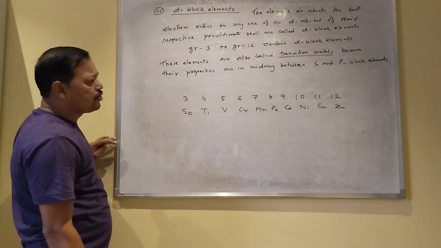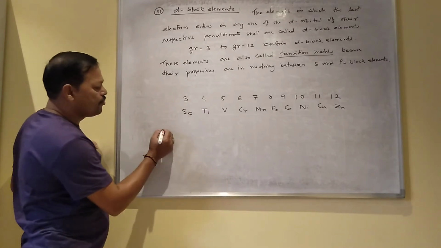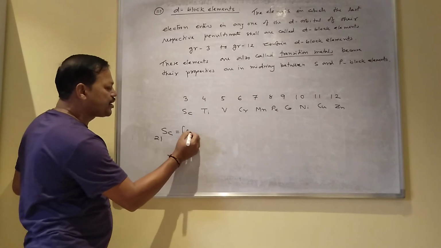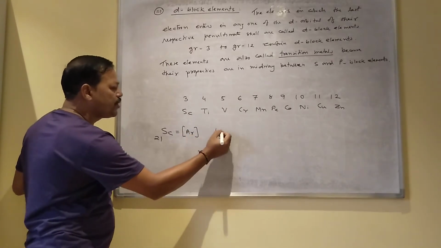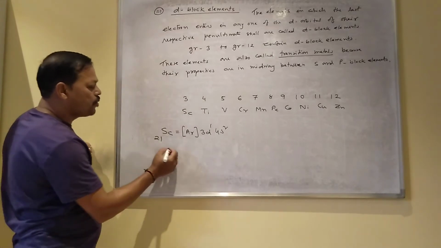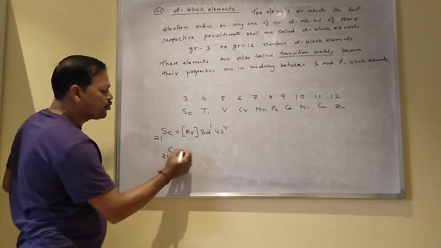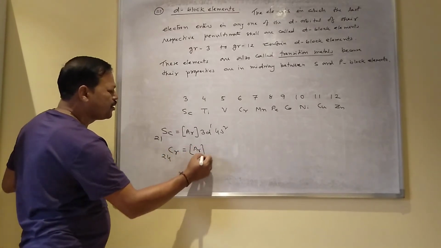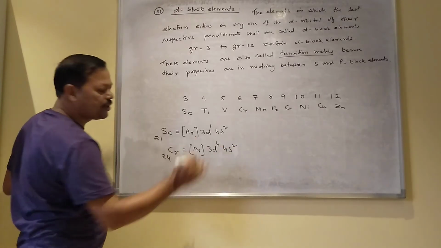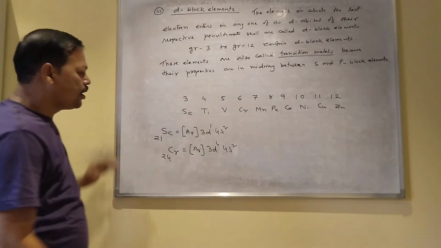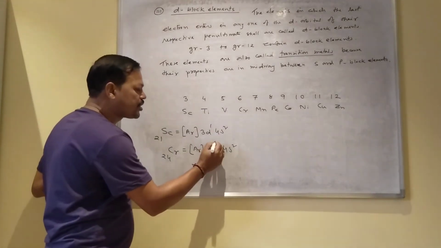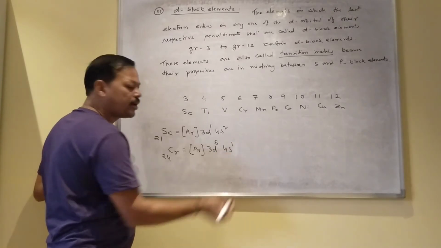If you want to write their electronic configuration, for example, scandium, its atomic number is 21: argon, then 4s2, then 3d1. For chromium, atomic number 24: argon, then 4s2, then 3d4, that is 24 electrons. To make it stable, one electron comes from s to d, so it becomes 3d5, 4s1.